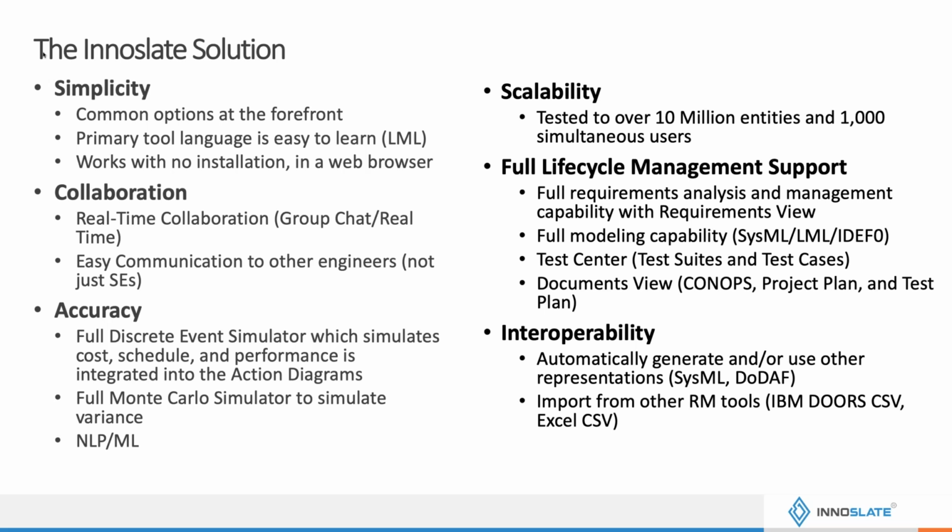So again, improving how you do development. Scalability was another key aspect, and working on large projects, we found we needed to get into the millions of entities. This is just what we've tested it to on the cloud. Behind your own firewalls on bigger servers, you may find even better performance.